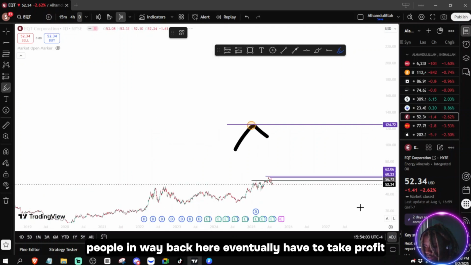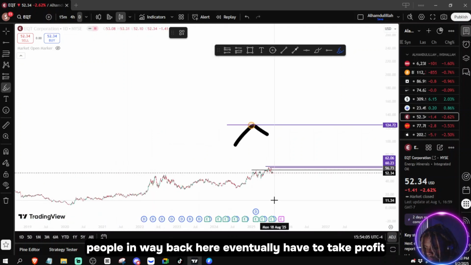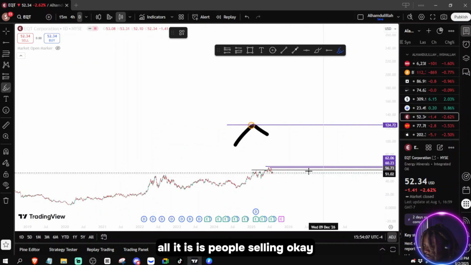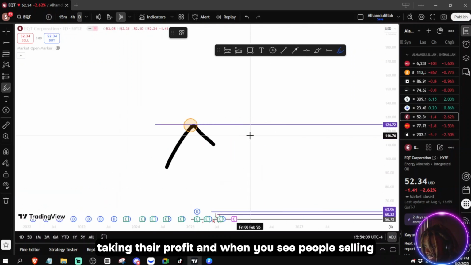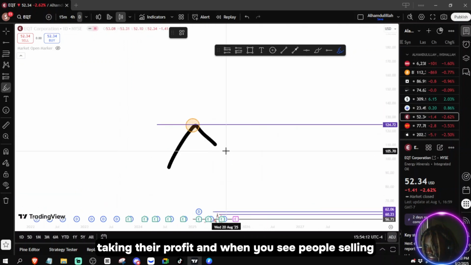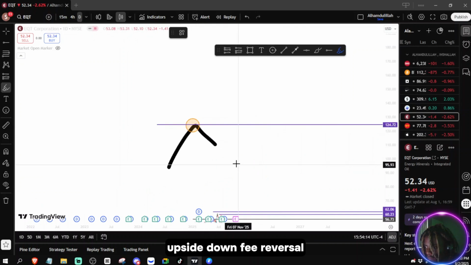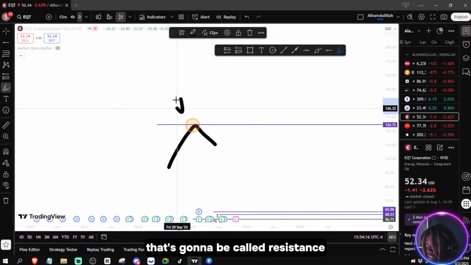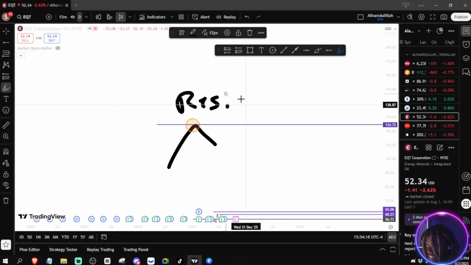So people way back here eventually have to take profit. Nothing's crashing. All it is is people selling, taking their profit. And when you see people selling and the market making a sharp upside down V reversal, that's going to be called resistance.